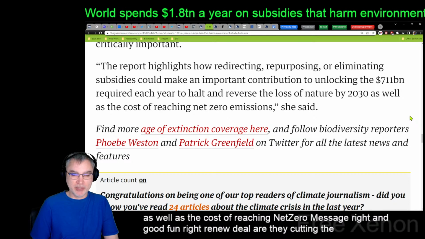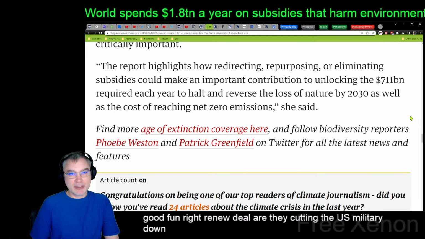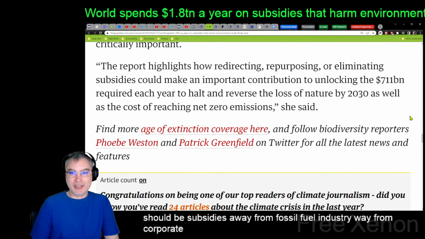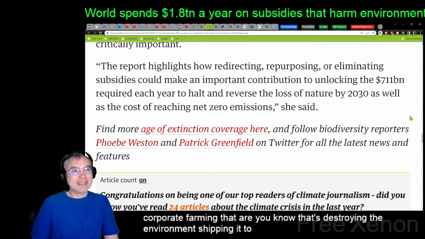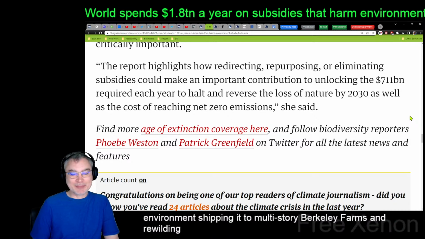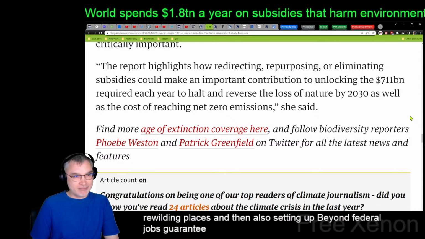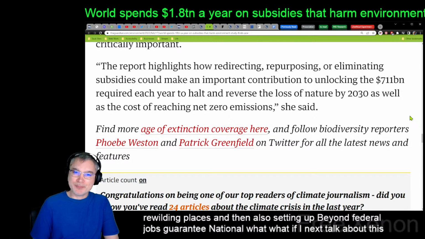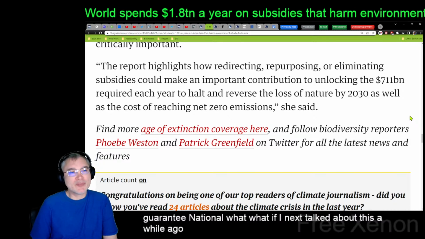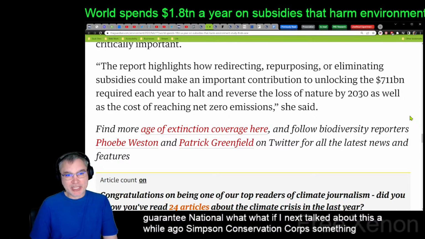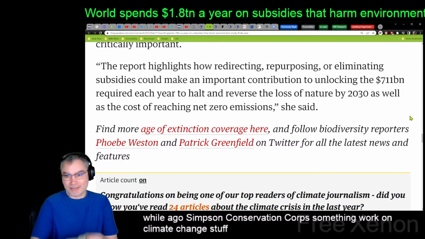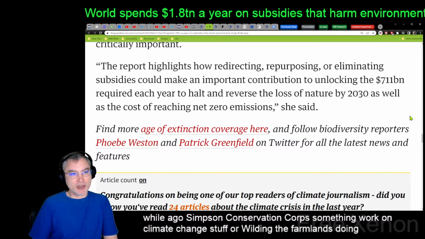Gutting the U.S. military down to 75%, shifting subsidies away from the fossil fuel industry, away from corporate farming that's destroying the environment, shifting it to multi-story vertical farms and rewilding places, and then also setting up the federal jobs guarantee, like a national, I don't know, Biden actually talked about this a while ago, a citizen conservation corps, so that they work on climate change stuff, or rewilding the farmlands, doing conservation work all over the country.